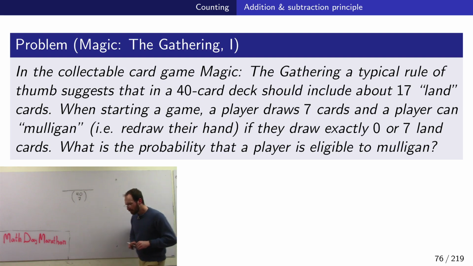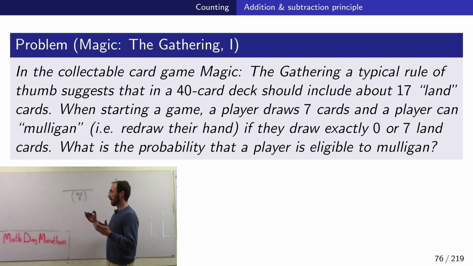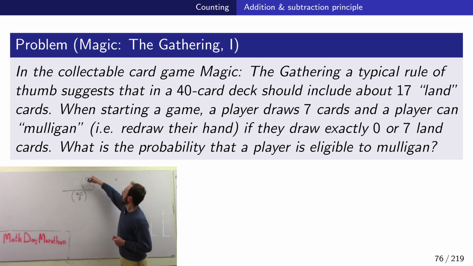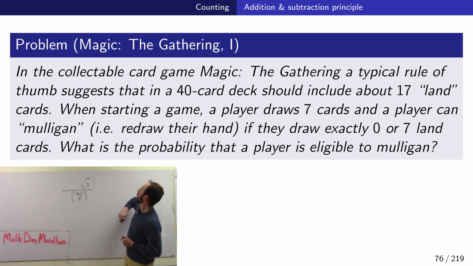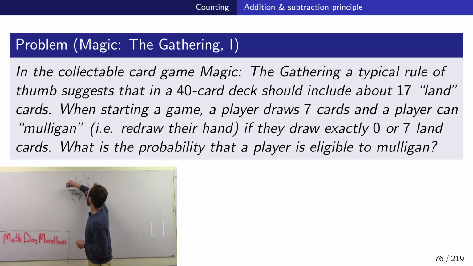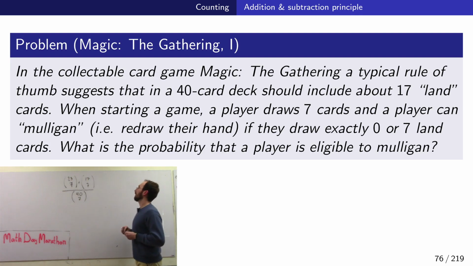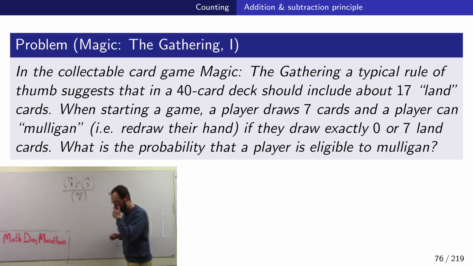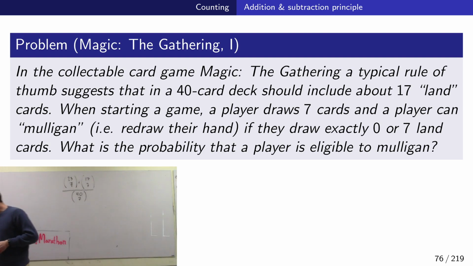hands. And of those, if I only get land, well, I had 17 lands in my deck, and I chose 7 of them. And if there are 17 lands, there are 23 non-lands, and I also, in this case, chose 7 of them.